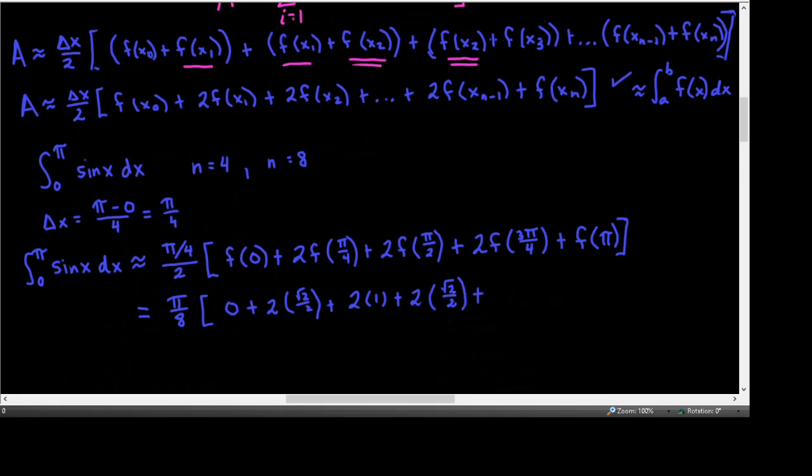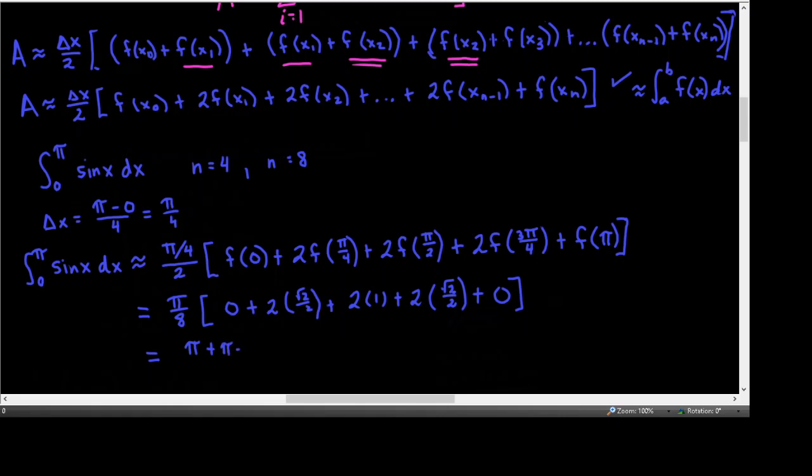And sine of pi is 0. Okay, you do all of that arithmetic, and you should get pi times, pi plus pi square roots of 2.